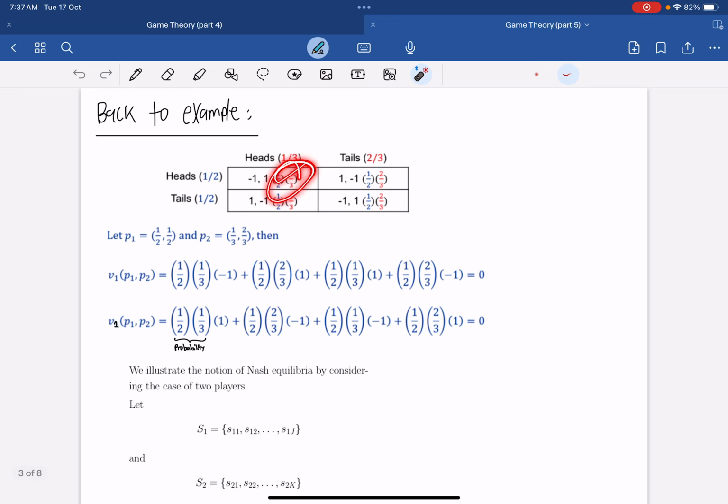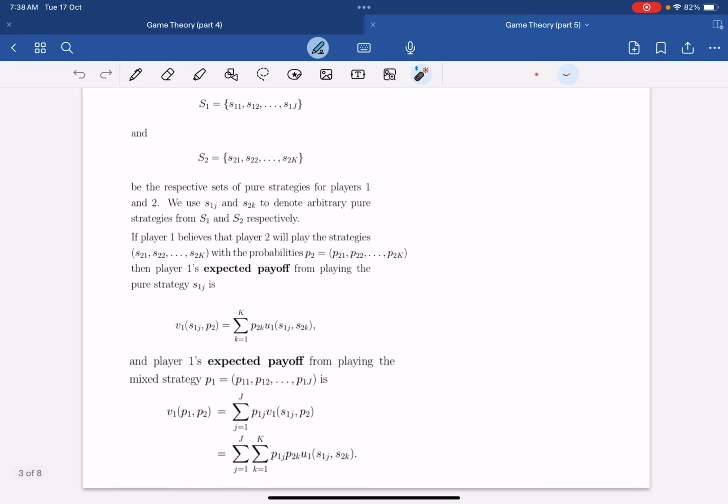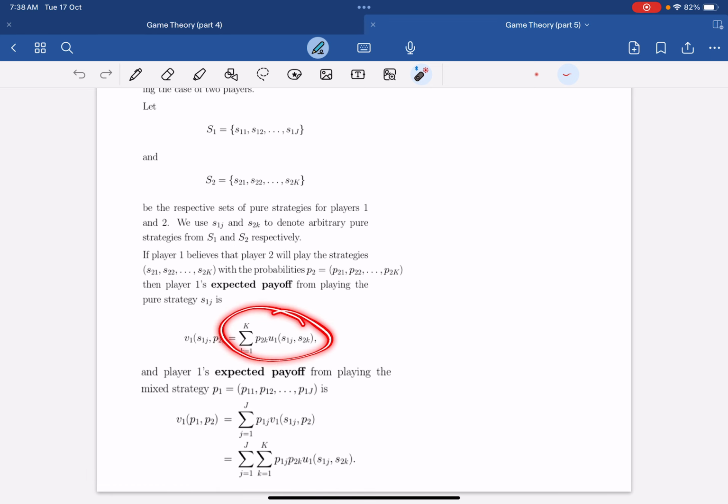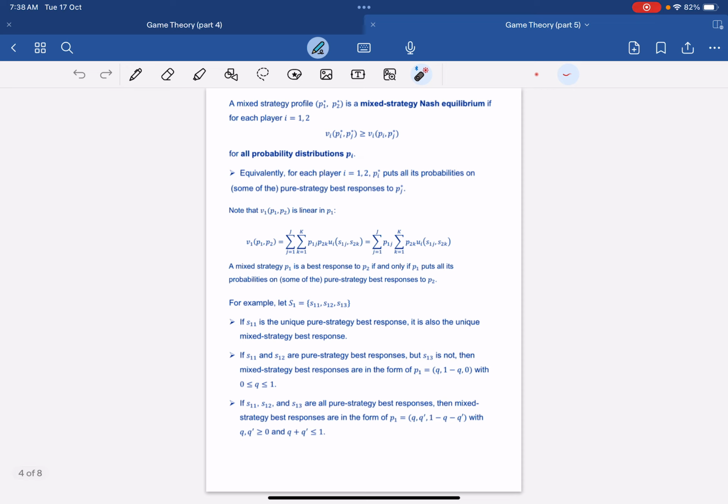What we are saying is you got this and you multiply by -1, plus this multiplied by 1, plus this multiplied by 1, plus this multiplied by -1. Because you have a chance of playing either of the strategies, any of these outcomes can come about. So you need to take into account all the different payoffs in your final payoff. So it's basically the sum of the payoffs.